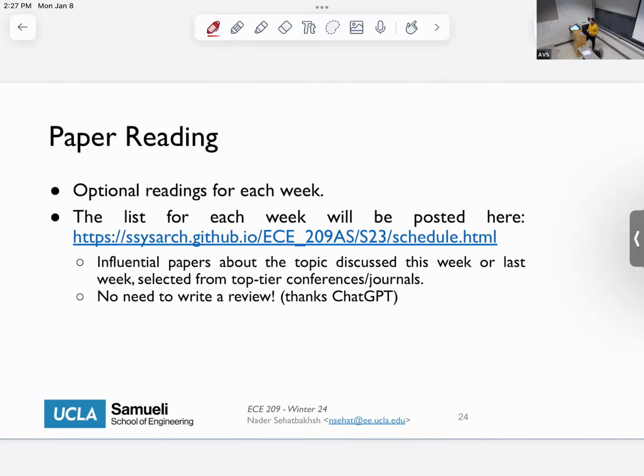All right, so there will be paper readings. These are optional. That's another change that I made this year. Last year, the paper readings were required, which means that you had to read them and write a review. But thanks to ChatGPT, this is no longer a proper thing to do because it's basically 5 minutes of work with ChatGPT, and I'm not going to go through and see whether you copied from ChatGPT or not.